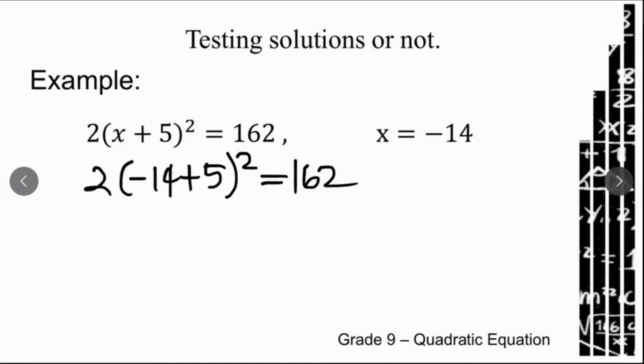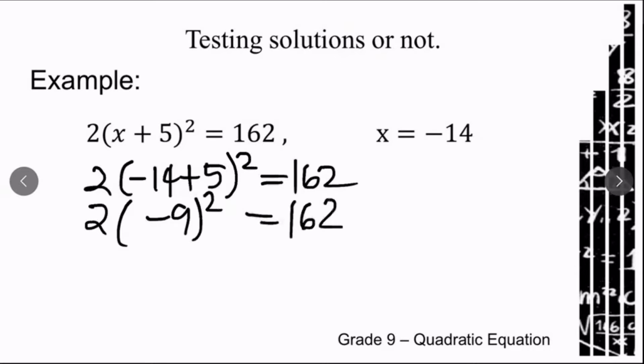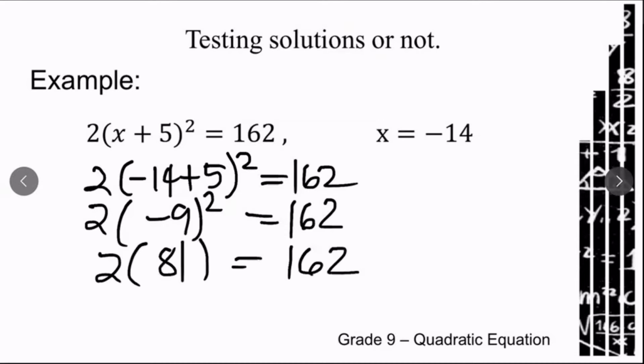So 2 multiplied by (−14 + 5), which is −9, squared, is equal to 162. (−9)² is 81, since negative times negative is positive, 9 times 9 is 81. Lastly, 2 multiplied by 81 is 162, which is equal to 162.